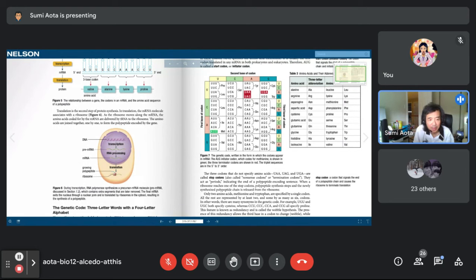In DNA replication, what's the direction of elongation? Is it 5 to 3 or 3 to 5? Do you remember? DNA polymerase adds new nucleotides to which end?